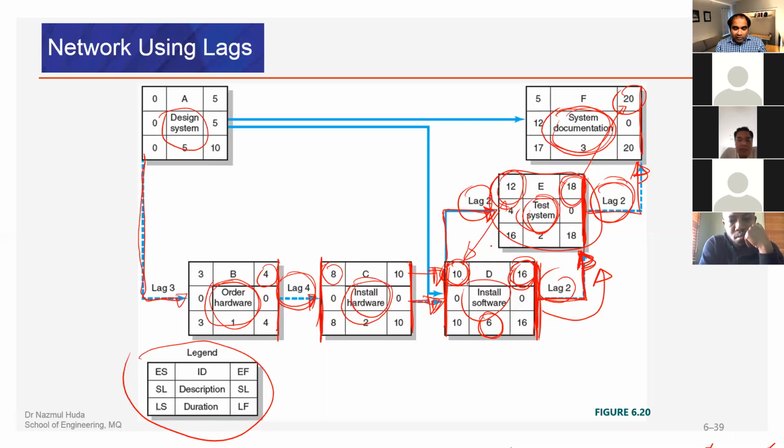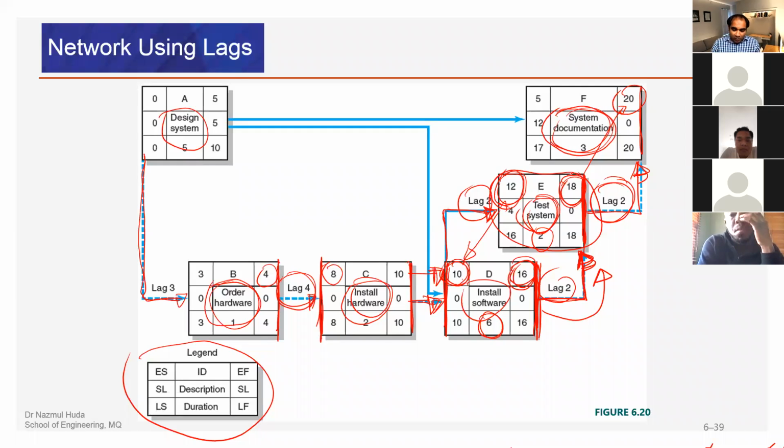But the following one, which is the testing or activity E, we have the early start of 12 days and the duration of 2, that should make the early finish 14 days, but this one is 18 days. So from D to E, this is a combination lagging process. That means the duration of the activity is 2 days, but lagging is all about starting and finishing.